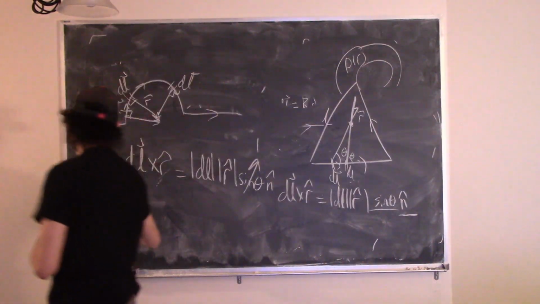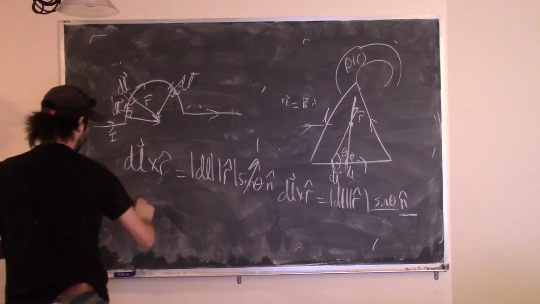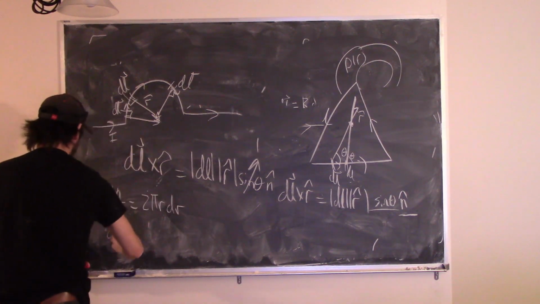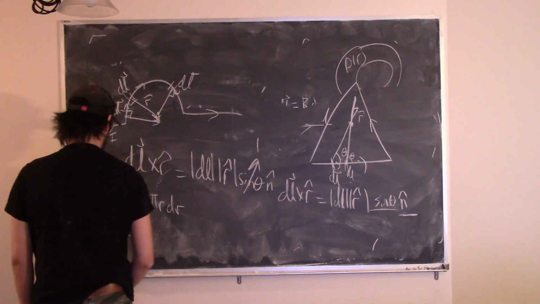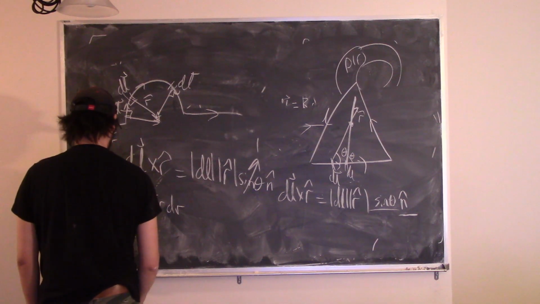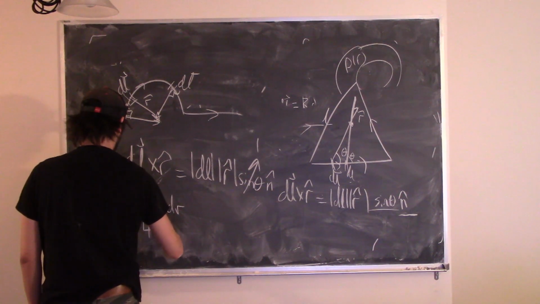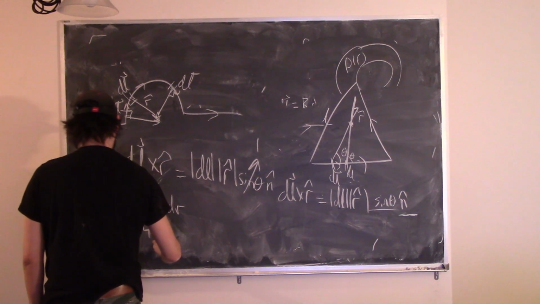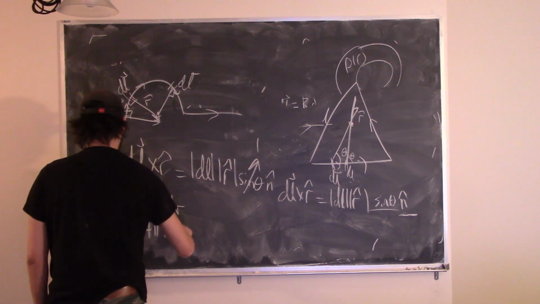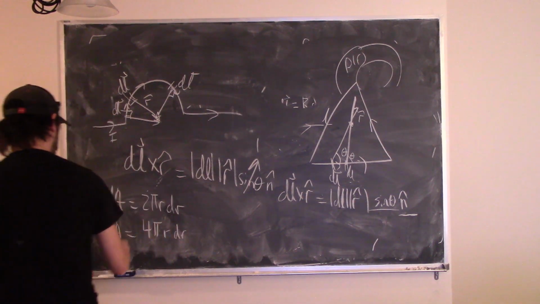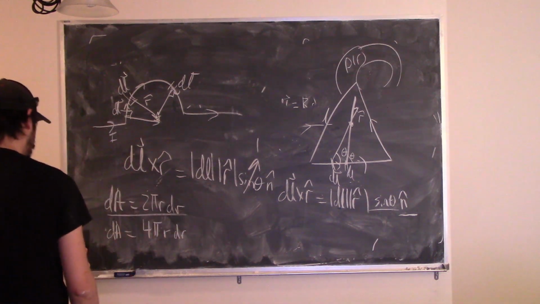So for instance, I'll say something like dA is going to be equal to 2 pi r dr, or dA is going to be equal to, what else did I say? 4 pi r dr. Something wrong here. What am I not seeing here?